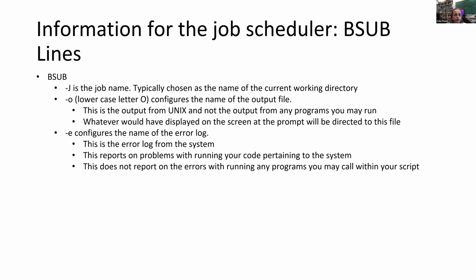Now we also can put the information into the bsub lines. So here are some things that we can do. So the bsub command will have the -J flag. This is the job name. So conventionally it's chosen to be the name of the current working directory because first of all, that's going to almost certainly be unique.